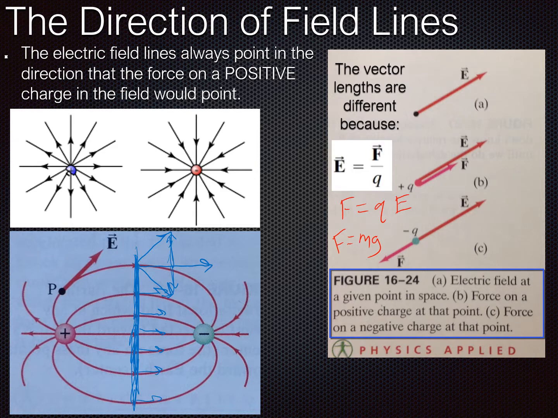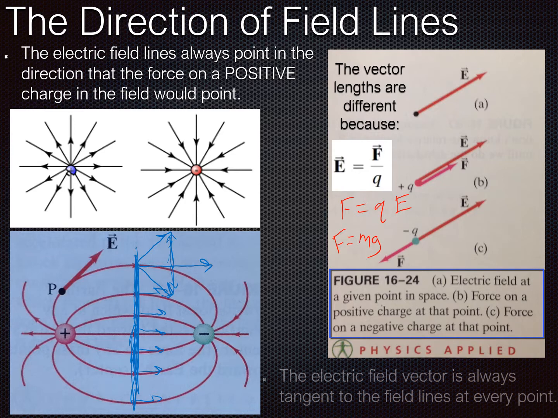And you can see the electric field just loops around in this really neat way, that it all leaves away from the positive charge and loops around and goes towards the negative charge. And that's what electric dipoles do. They have these really cool loopy features. And you can see that the electric field is always tangent to the field lines at every point.